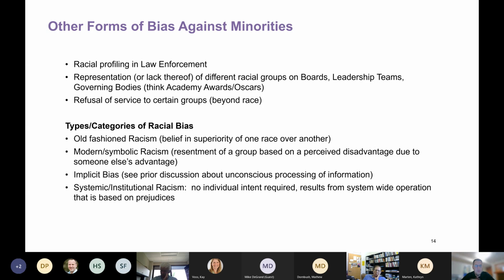Implicit bias, that goes back to the neurology discussion that we've had, right? It's things we've learned as children, hearing comments, seeing images, or maybe even individual memories, and it influences how we process information. And then there's the systemic institutional racism. This is not a decision that is happening in my brain, but here the racism is basically baked into the system. It results from the way laws have been written.